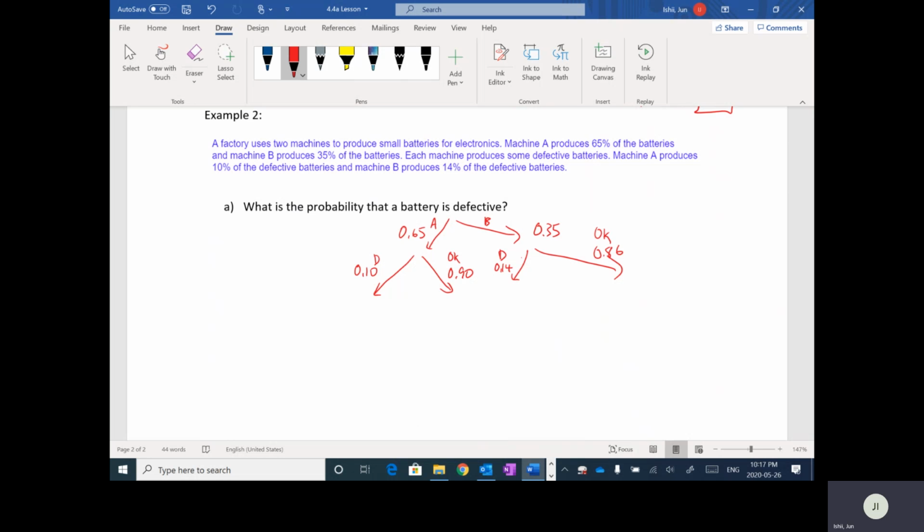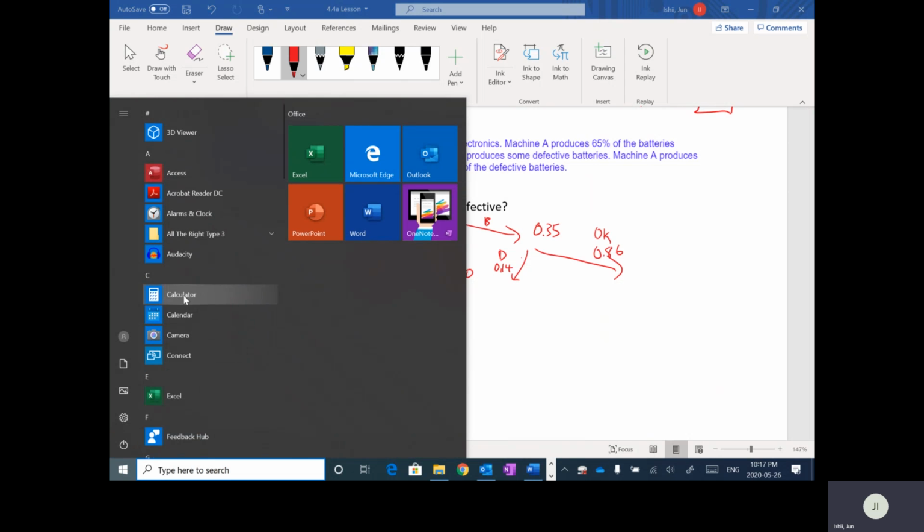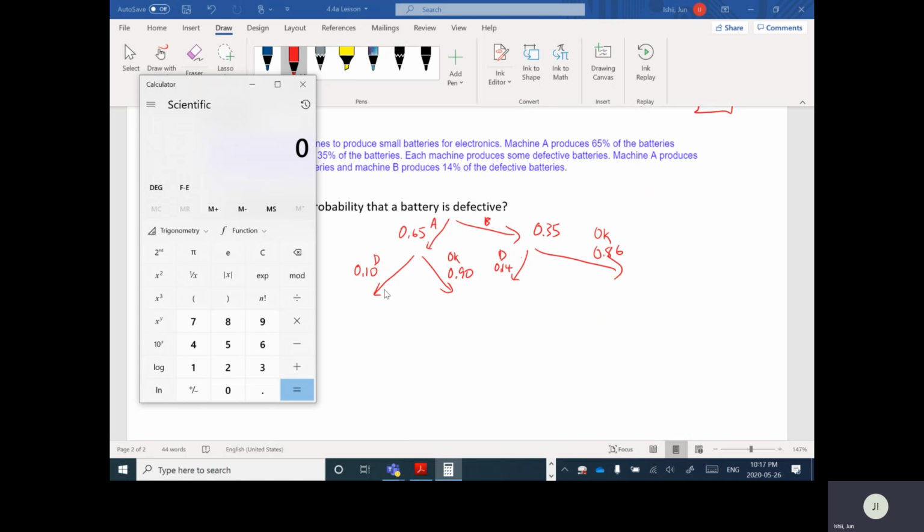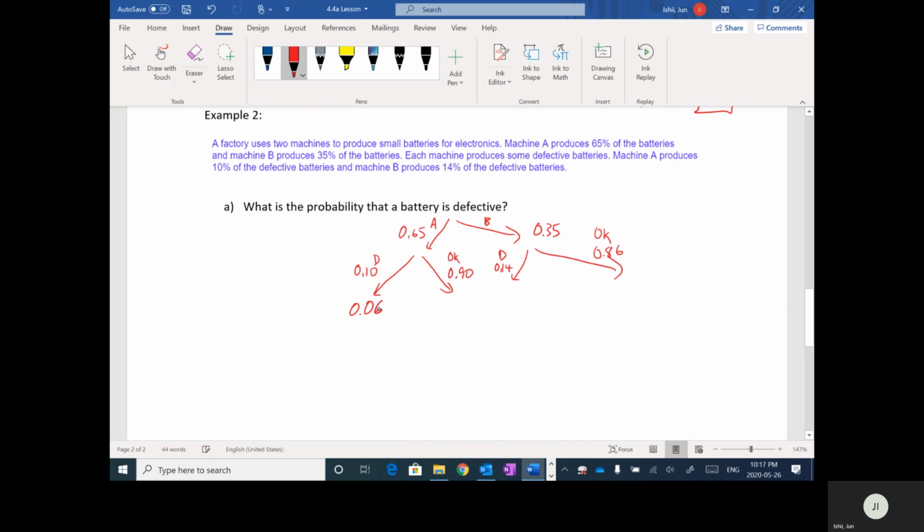Now we can calculate the probabilities of a battery coming from machine A and being defective. What we do there is multiply the probabilities together. So 0.65 multiplied by 0.10 gives 0.065.